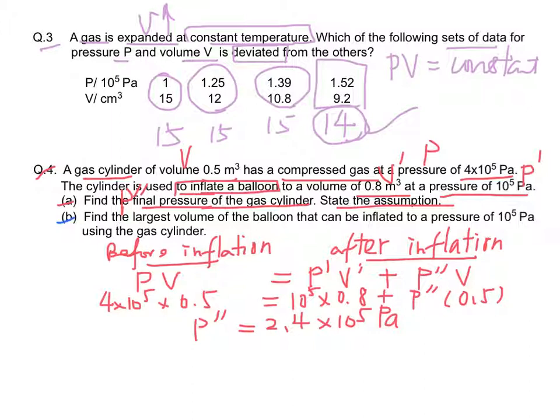Second part B. Find the largest volume of the balloon that can be inflated to a pressure of 10 to the power 5 Pa using the gas cylinder.